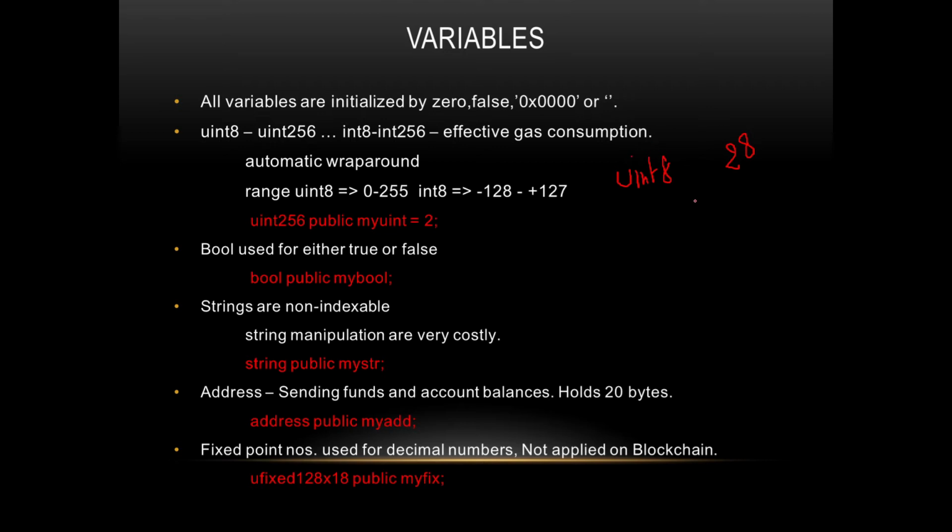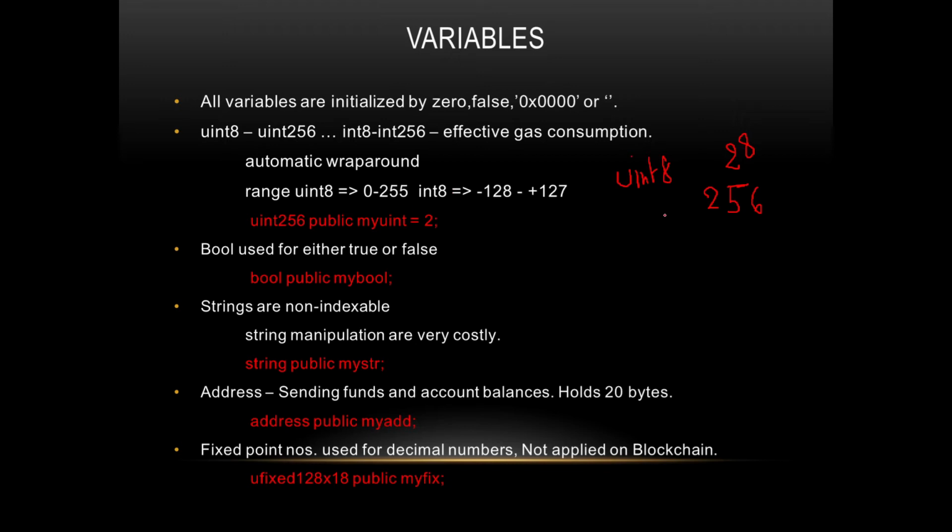So this is 256. As in programming languages, everything starts from 0, so you will have a 0 also. So now the total stands out to be 0 to 255, which are the 256 numbers, the range of this uint 8.